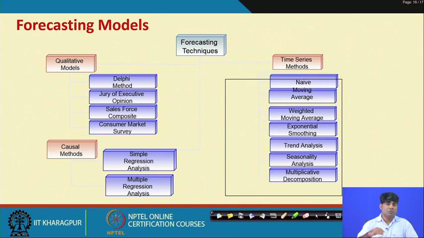Of course, we have not discussed them in detail, because for the qualitative models we need inputs from a primary survey, and on the basis of those opinions we derive information that can be used for predictions and forecasting, as per the particular requirement of engineering econometrics.